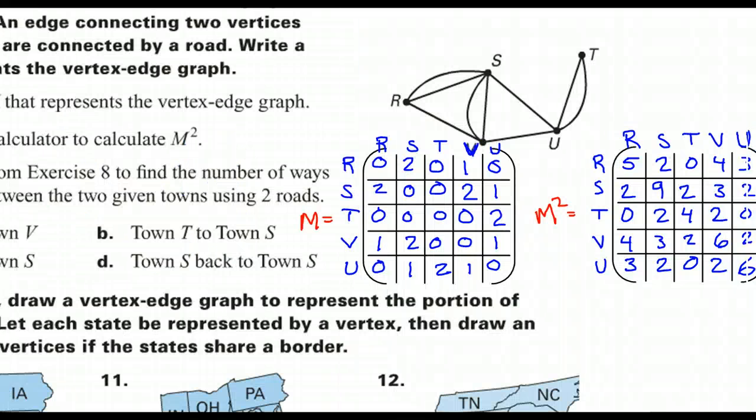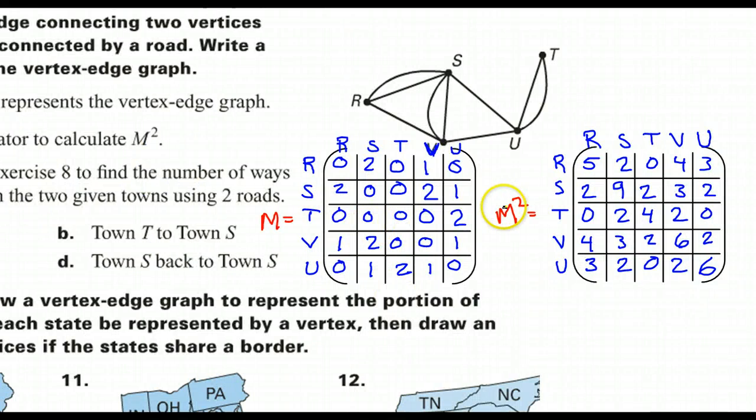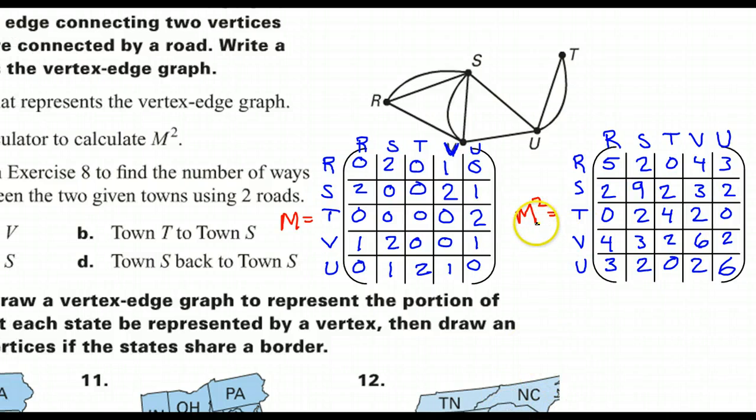Okay, so what we have here is the same matrix squared. Now this is critical. I'm going to hold you responsible for this. You need to know what the meaning of each number is when you square the matrix that came from a vertex edge graph. So remember, when you look at a vertex edge graph in matrix form, each one of these numbers tells you how many ways there are to get from one point to another if you're just going to use one path.